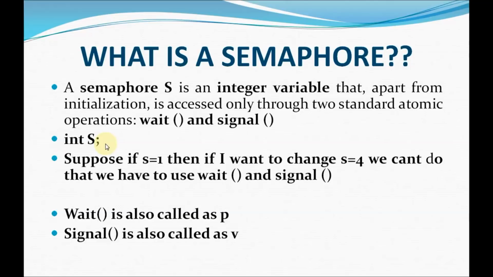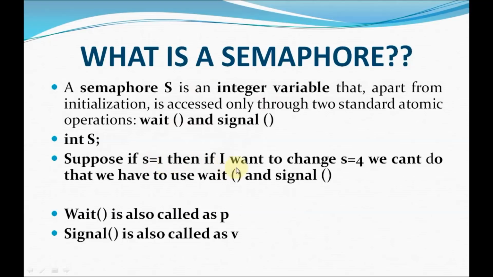But the problem here is, once the Semaphore is initialized, you can access the Semaphore only by using wait and signal instructions. Suppose you initialize s, the Semaphore, to 1.